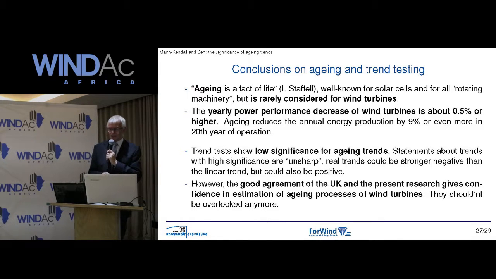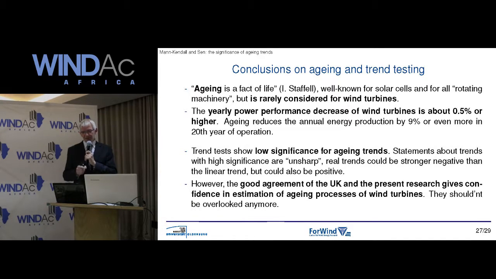That means the aging reduces the annual energy production by 9% in 20 years. So in 20 years of operation, you have 9 or 10 or 12% less power performance of your turbine and of your wind farm.